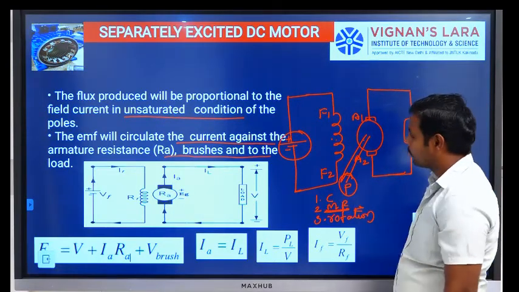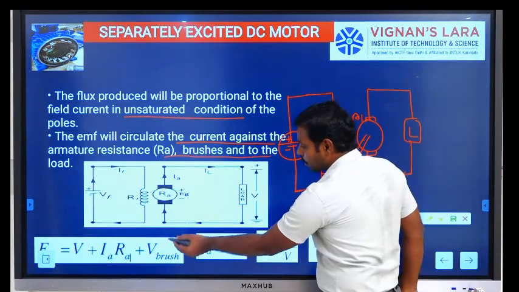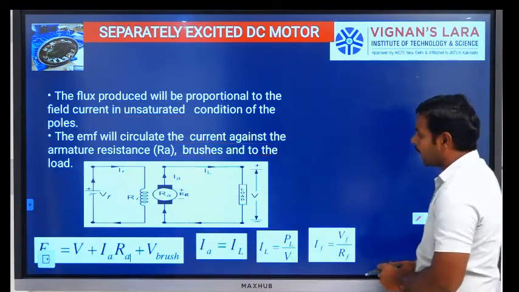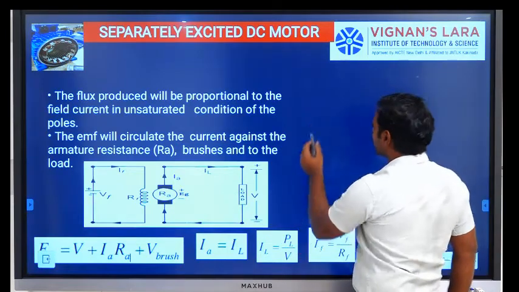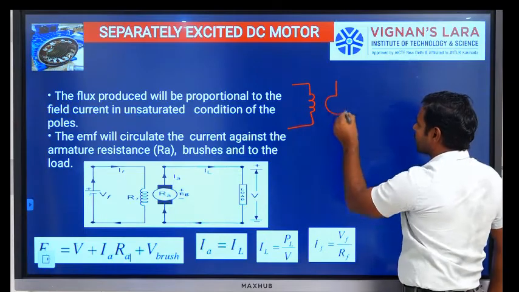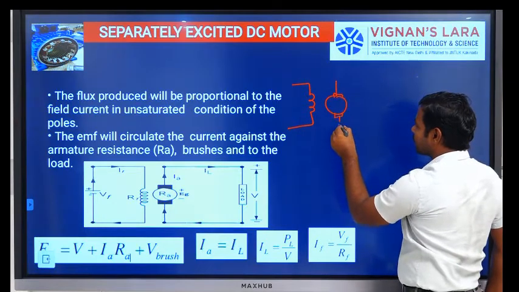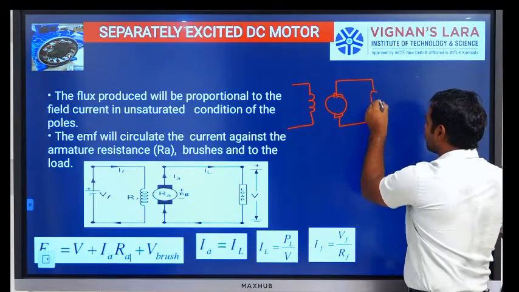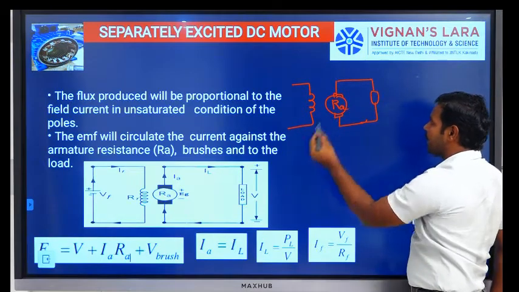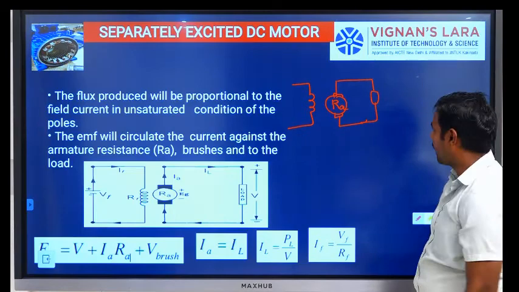Now we consider the voltage and current equations. This is the field winding, and the other one is the armature. The resistance of the armature winding is denoted by Ra.